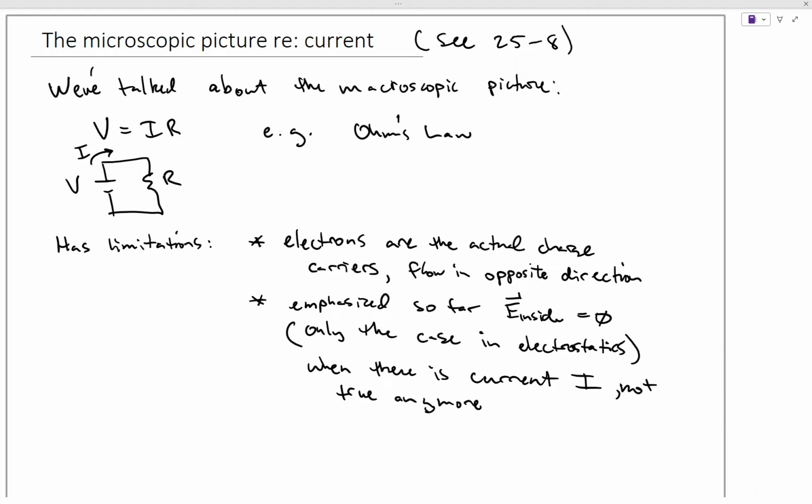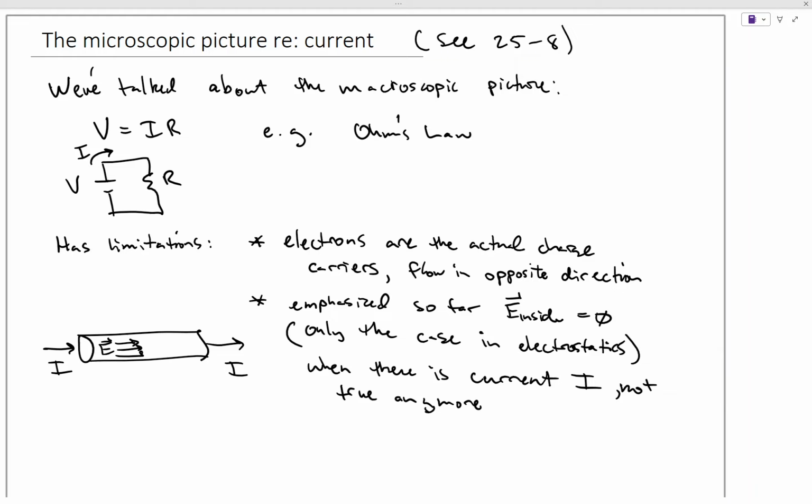And so, in actuality, if we were to look at a piece of wire, and you imagine there's some current flowing through the wire, there is an electric field inside the wire that's pushing the charges along.